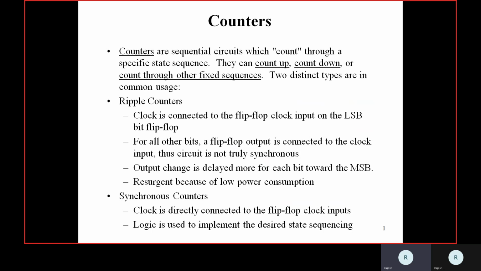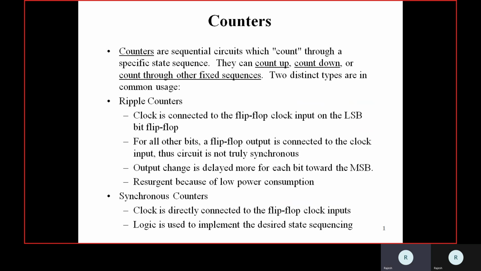So this is not synchronous, it is asynchronous. The output of one flip-flop acts as clock to the next stage, so the output is delayed more for each bit.